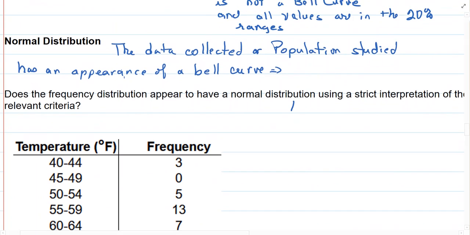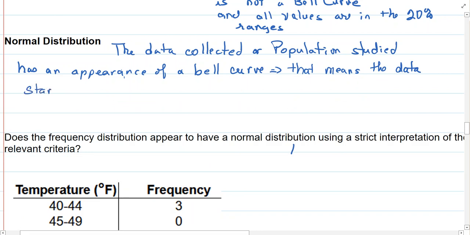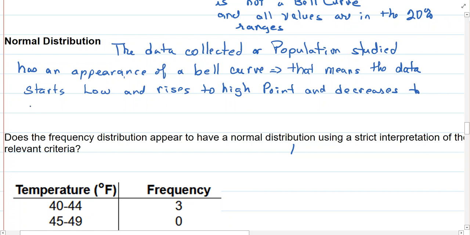That means the data starts low, rises to a high point, and decreases to a low again.